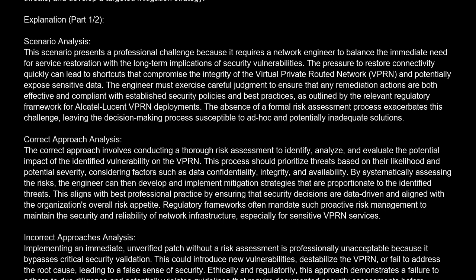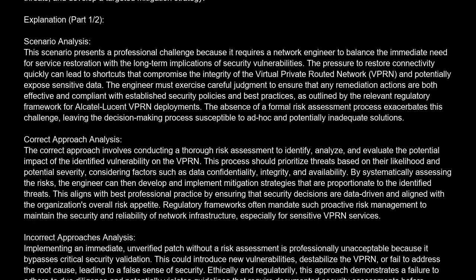Correct approach analysis. The correct approach involves conducting a thorough risk assessment to identify, analyze, and evaluate the potential impact of the identified vulnerability on the VPRN. This process should prioritize threats based on their likelihood and potential severity, considering factors such as data confidentiality, integrity, and availability.